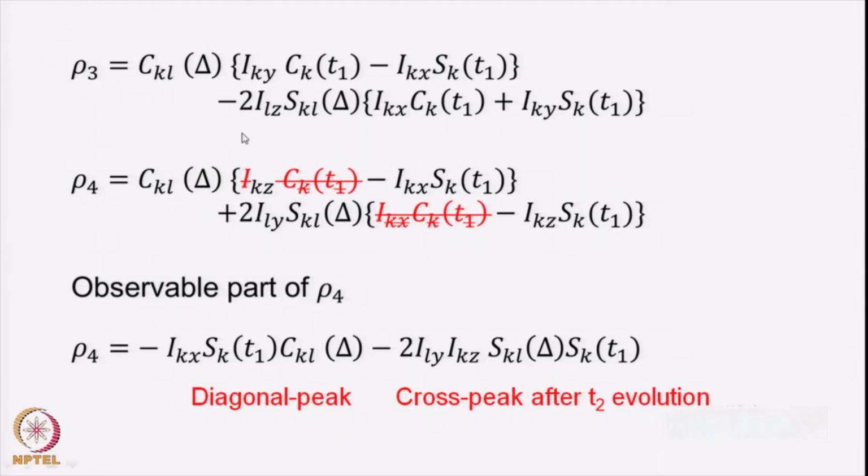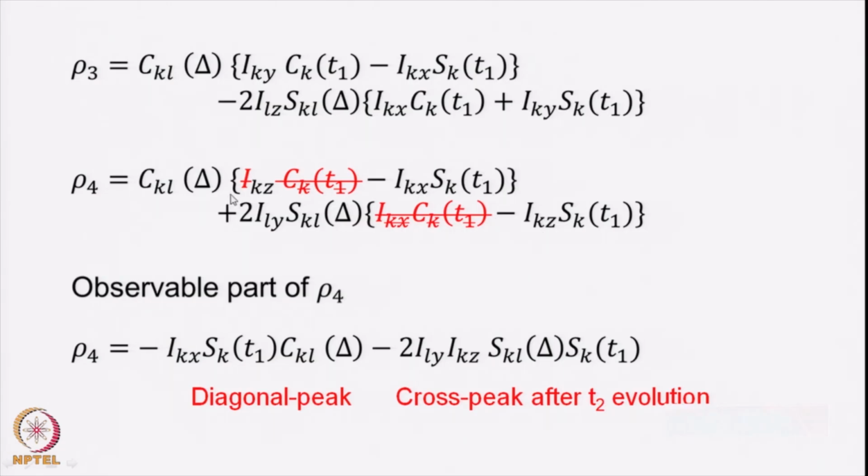This is the rho 4 density operator, obtained after applying the 90x pulse to rho 3. When you do the 90x pulse, IKY goes to IKZ and IKX remains IKX, and here ILZ goes to ILY, IKX remains IKX and IKY goes to IKZ.